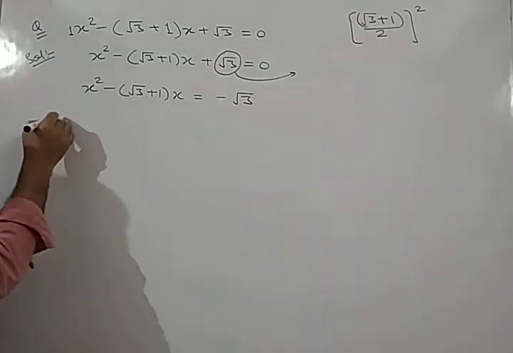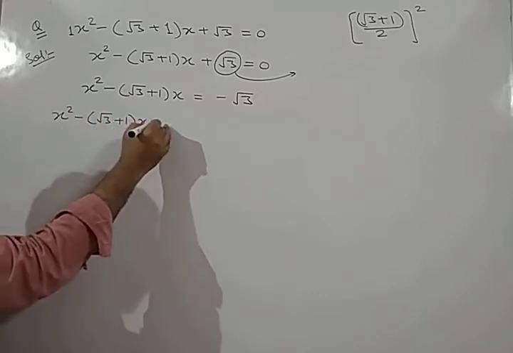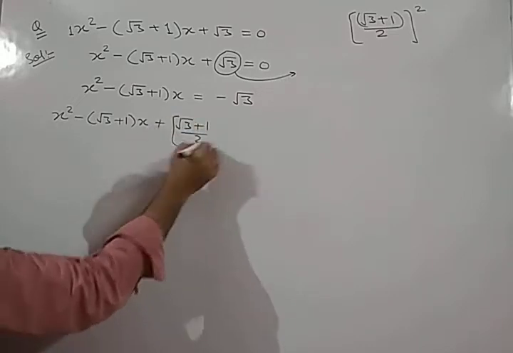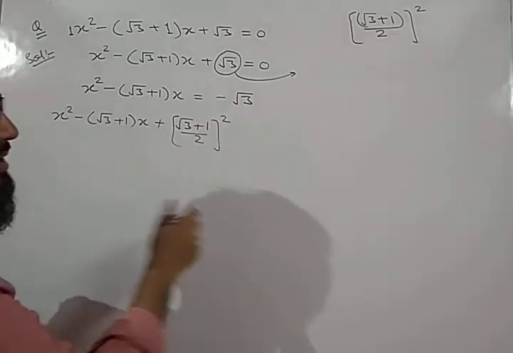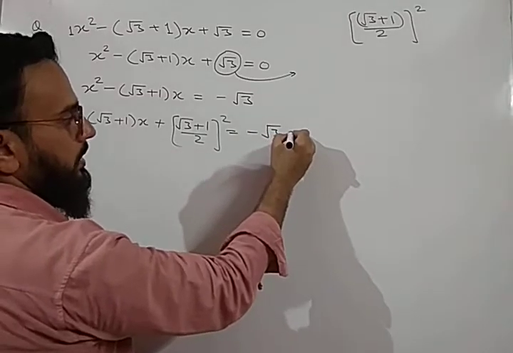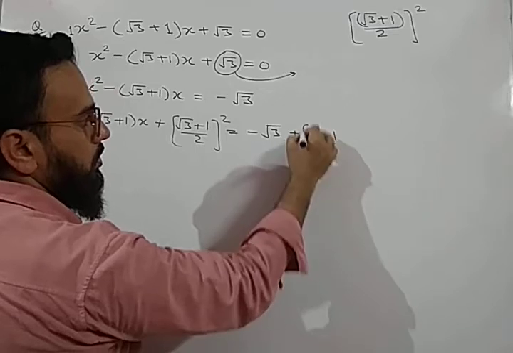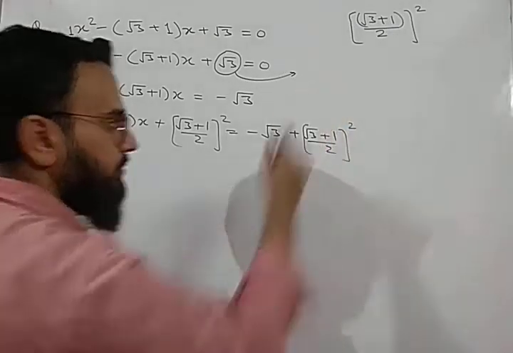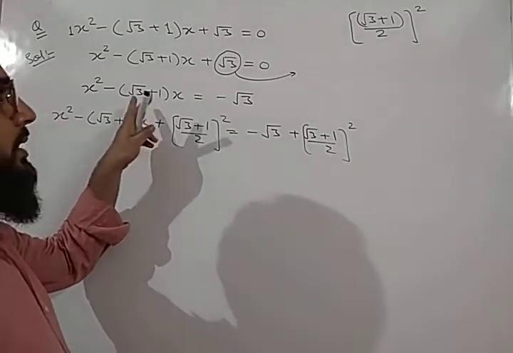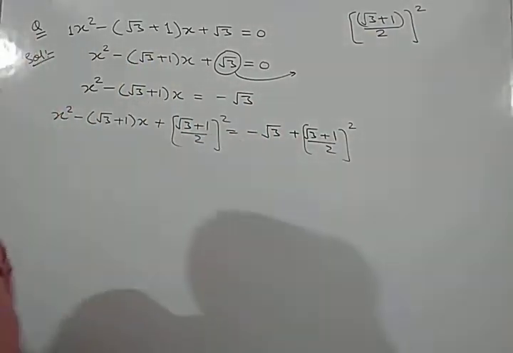So by adding, we will get x square minus (root 3 plus 1) into x plus ((root 3 plus 1) by 2) whole square on the left hand side, and on the right hand side, minus root 3 plus ((root 3 plus 1) by 2) whole square. Okay, so we have done this step. We have added half the coefficient of x and its square on both sides.